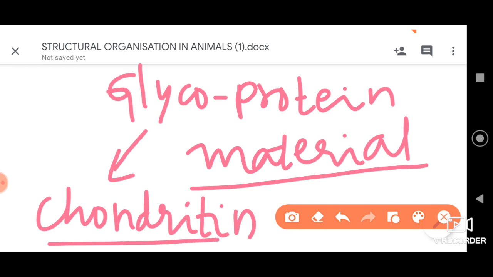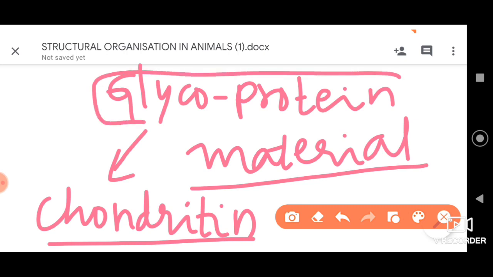This is the first point you need to remember, dear students. If the question is asked what material the matrix possesses, it has chondroitin, which is a glycoprotein material. I already have told you that the cells are called chondrocytes, or you can also refer to them as chondroblasts. All right, children.